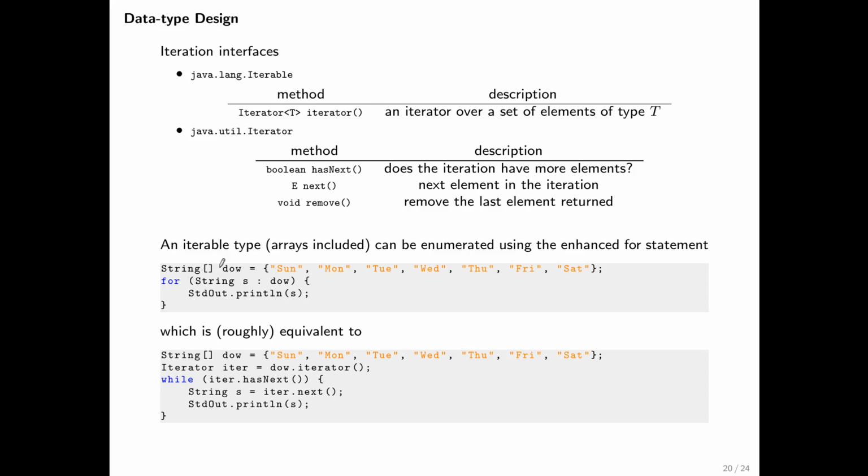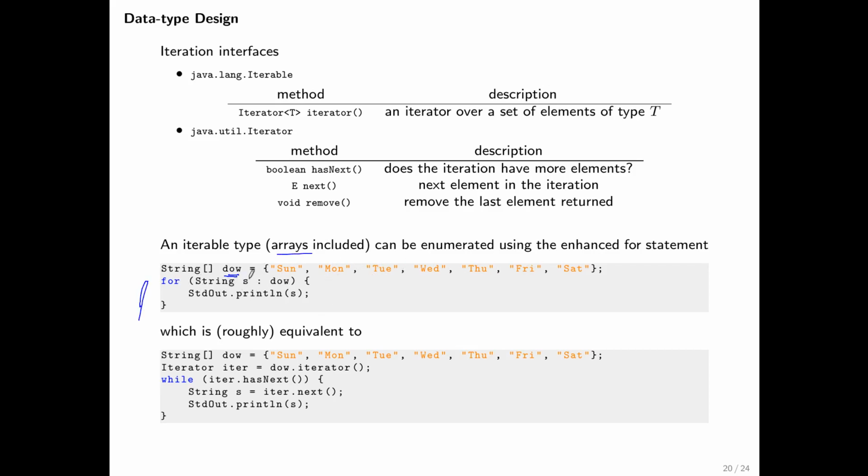So let's say you have an array of strings called DOW for days of the week, and it is initialized using the initializing declaration syntax for arrays as simply an array that contains all these 7 strings, Sunday through Saturday. And as mentioned here, arrays are iterable, so I can use this enhanced for loop syntax instead of the traditional for to walk through the values of this array, and that's what I'm doing here.